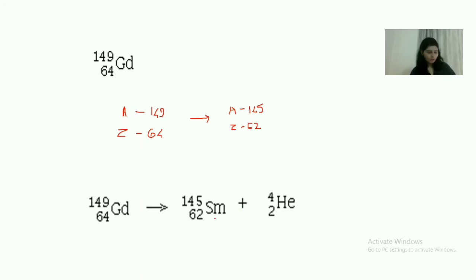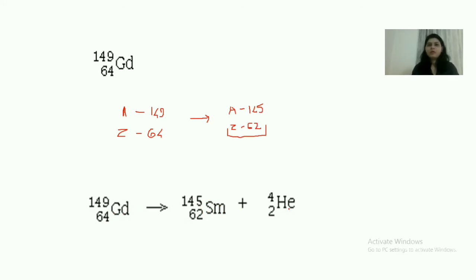Gadolinium turns into samarium. Which element has atomic number 62? Samarium. So during alpha decay, gadolinium turns into samarium 145 with atomic number 62, and helium 4. Okay, this is the equation.